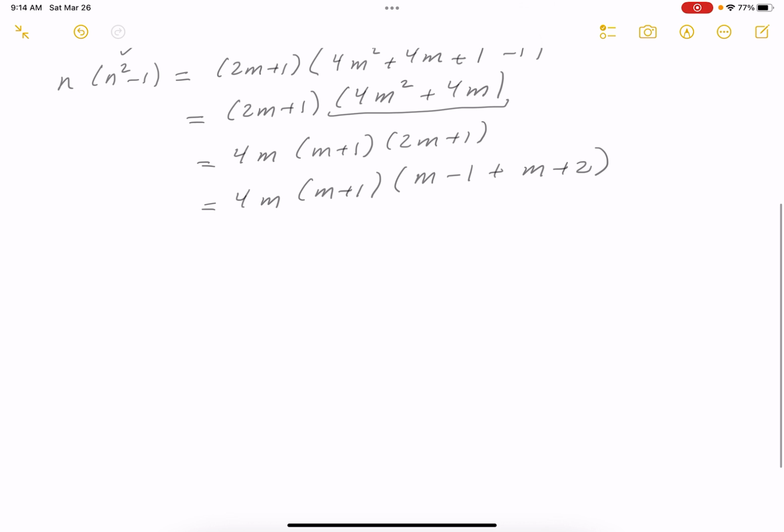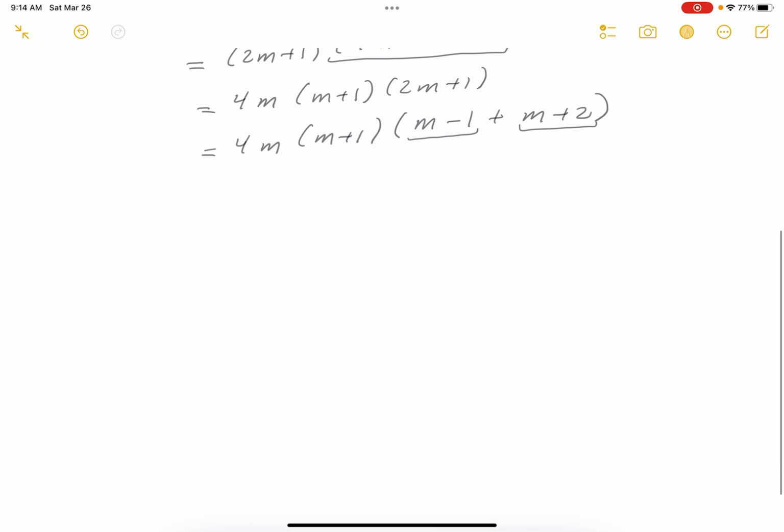So I'm going to talk about this part and this part separately now. And let's write this down. You can get 4m, m plus 1, m minus 1, plus 4m, m plus 1, m plus 2. Okay.